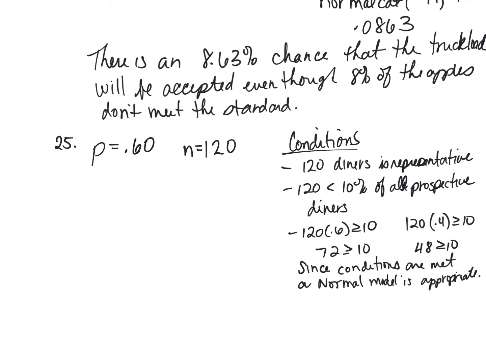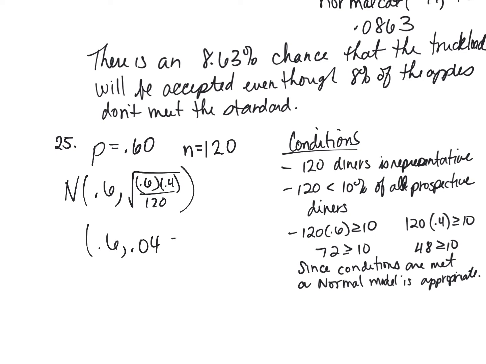So let's create our normal model. 0.6, and the square root of 0.6 times 0.4 over 120 is our standard deviation. And that's 0.6 and 0.045.